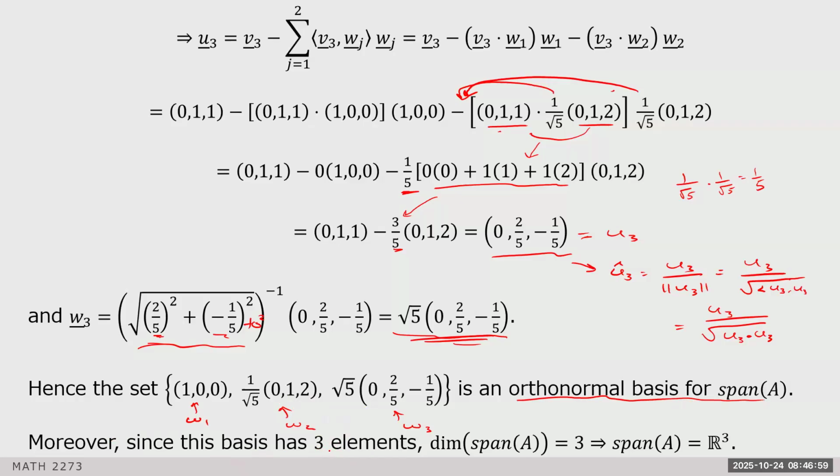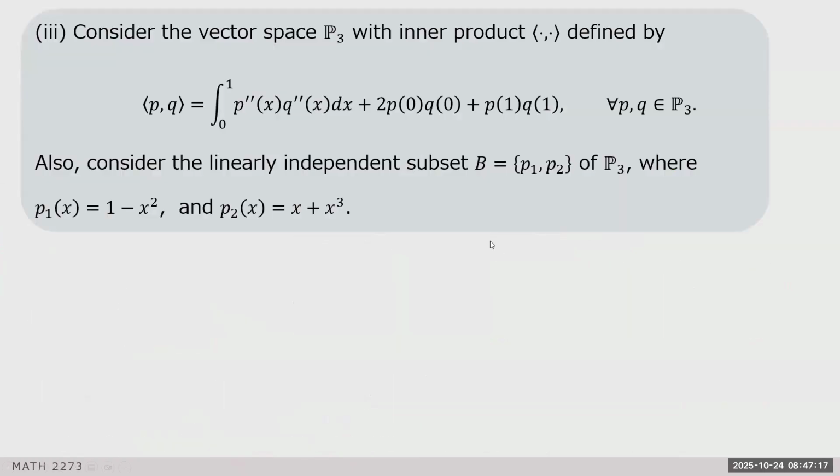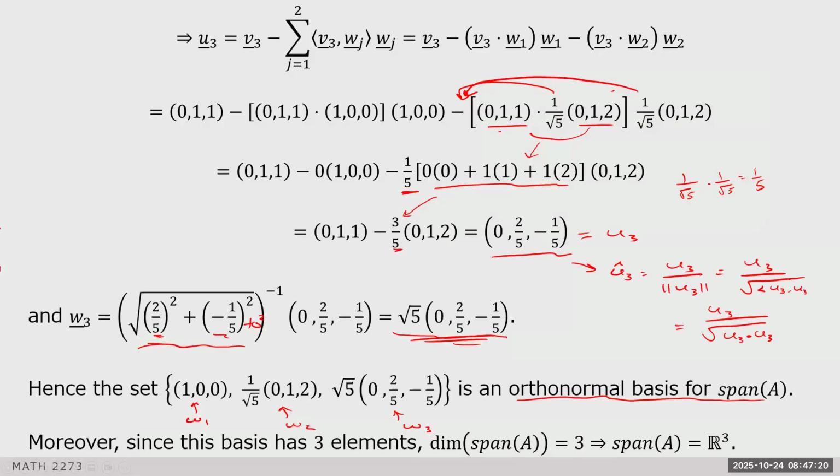I know we didn't prove this, but you could look at the proof of it: if you have an n-dimensional subspace in an n-dimensional vector space, then the subspace is equal to the big vector space.